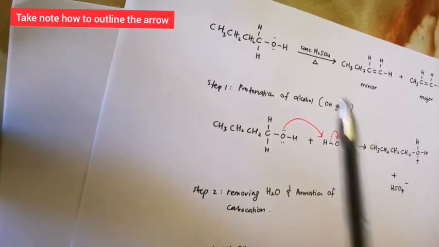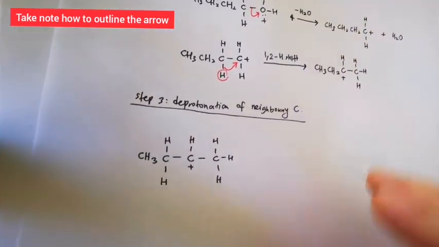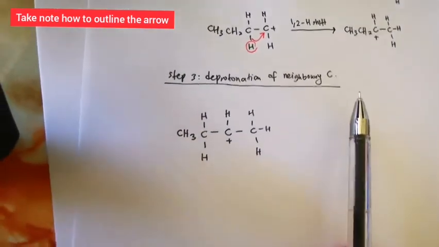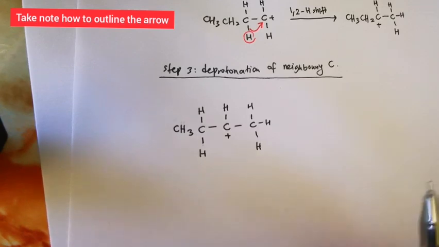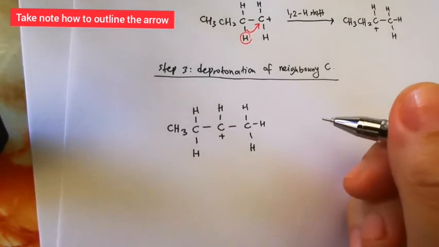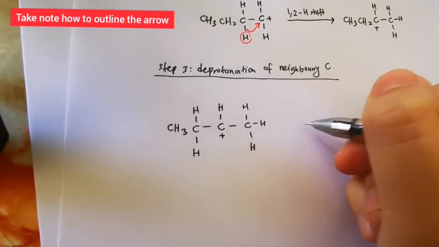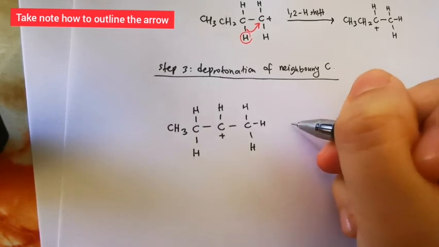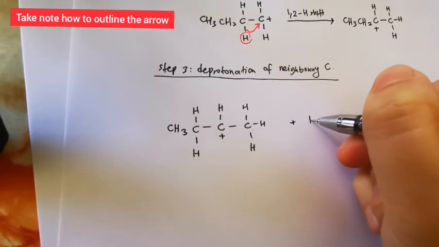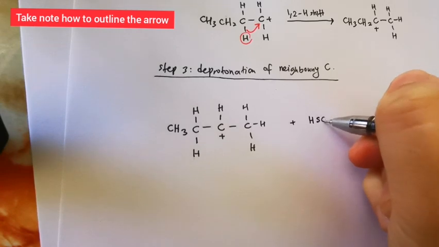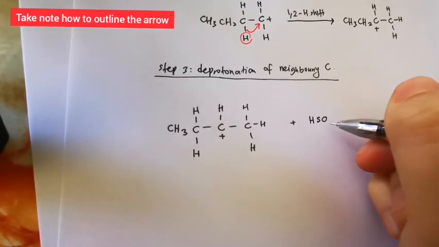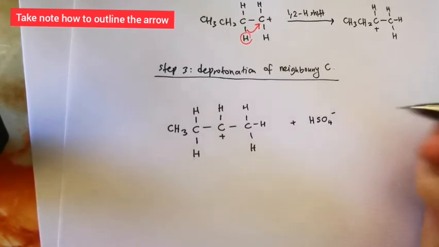It already has HSO4 minus and we know that this is our catalyst, right? Catalyst, it will remain after the reaction. So in step 3, the HSO4 minus from step 1 will be involved again.